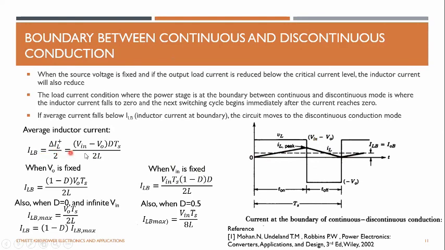So the boundary current is simply the average current, which is half of the peak current, because the average of this triangle is this boundary current. That is given by this equation. And the maximum boundary current will happen when the duty ratio is 0.5.